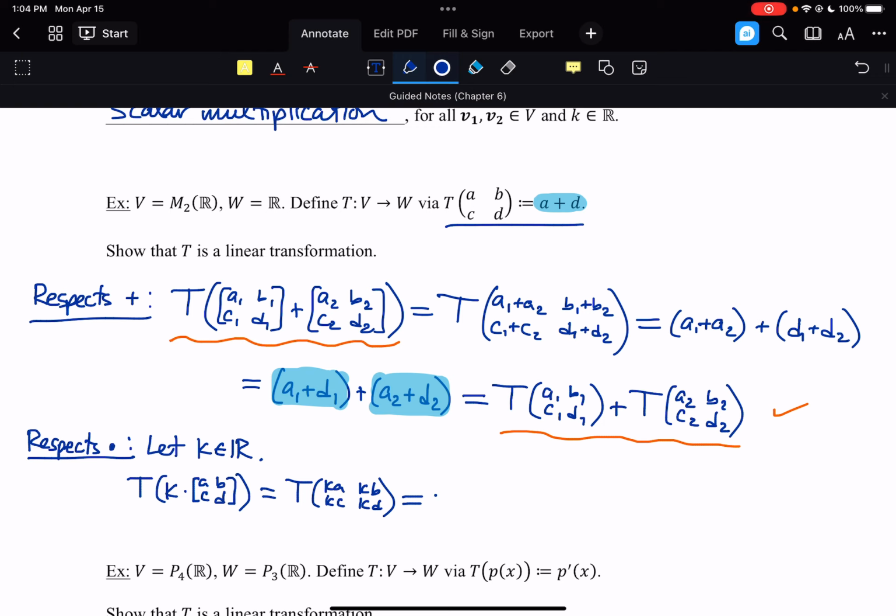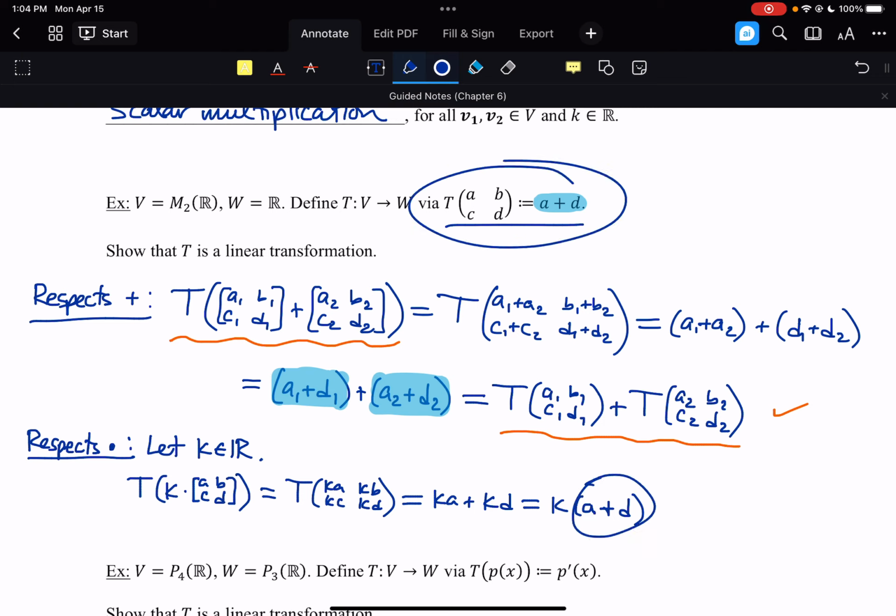So that's going to be ka plus kd, right? The 1,1 plus the 2,2. Now we're working with the scalars here. We can factor out the k. We're left with k times a plus d. And again, a plus d is the transformation of the original matrix.